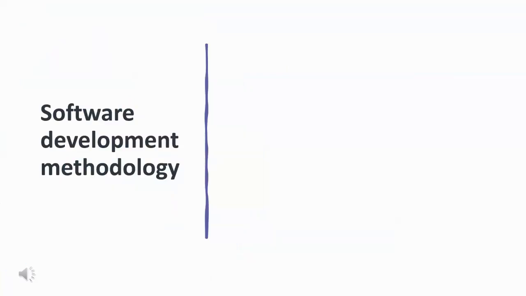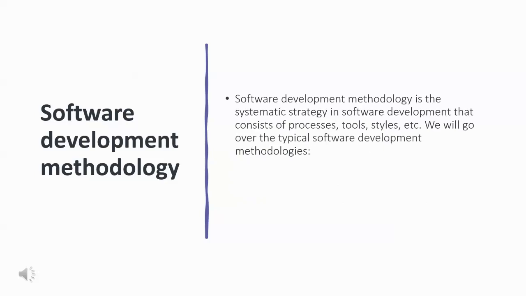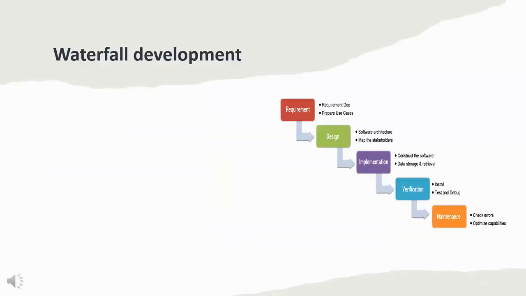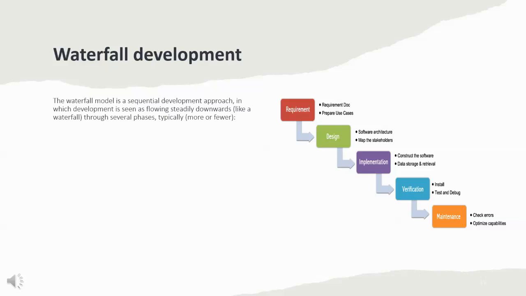Software development methodology is a systematic strategy in software development that consists of processes, tools, styles, etc. We will go over the typical software development methodologies: Waterfall development and Agile development. The Waterfall Model is a sequential development approach in which development is seen as flowing steadily downwards like a waterfall through several phases.